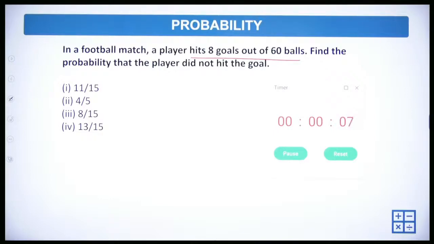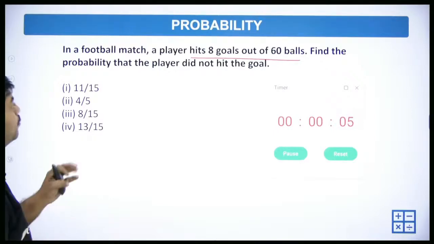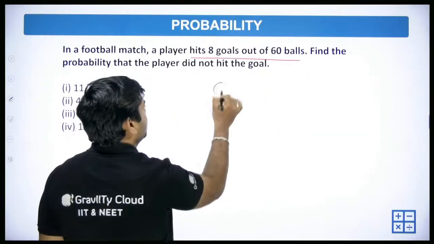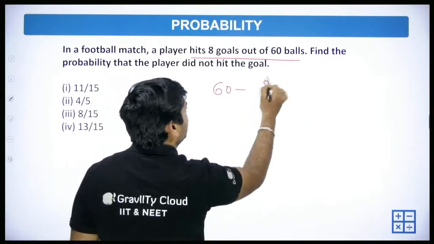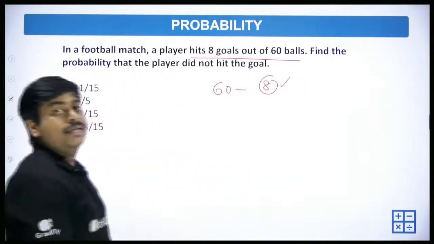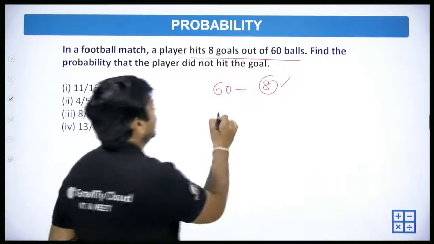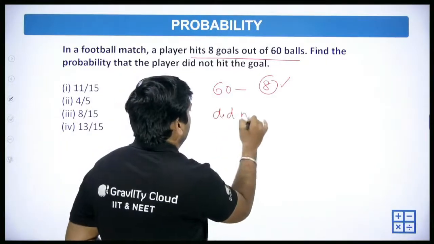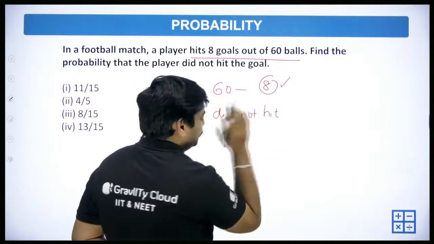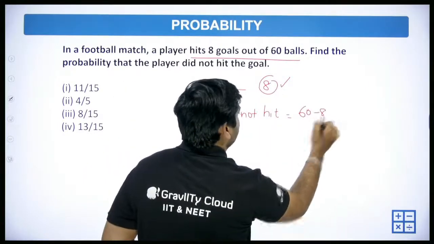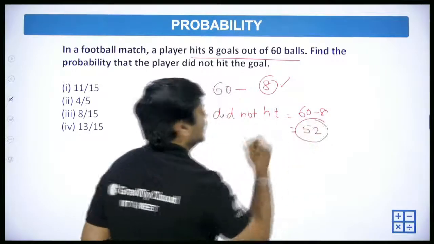A player hits 8 goals out of 60 balls. Find the probability the player did not hit. See, out of 60, if he is hitting 8 goals, so how many times is he not hitting the goal? Did not hit the goal is 60 minus 8, which is 52.